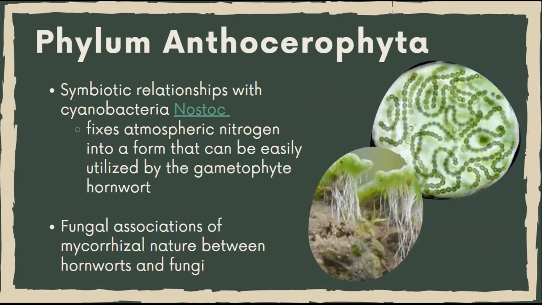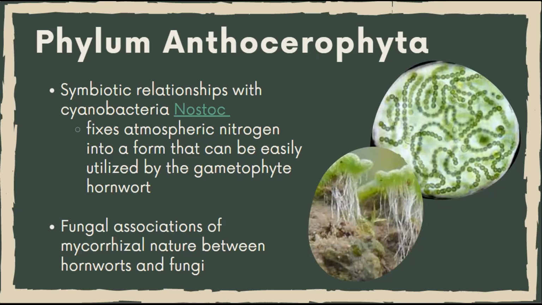Several hornworts have a close symbiotic relationship with the nitrogen-fixing cyanobacteria Nostoc. These Nostoc live inside the large intracellular spaces of their thallus. Nostoc are known to fix atmospheric nitrogen into a form that can be easily utilized by their gametophytes.